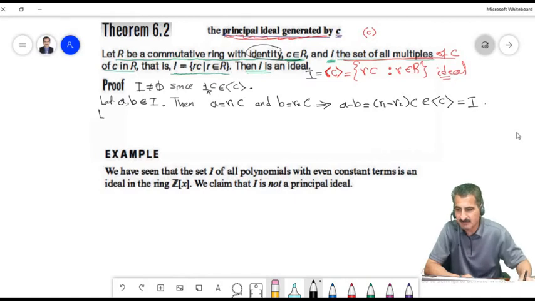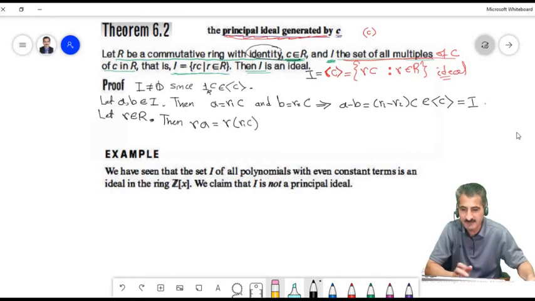Now, again, let r be any element in the ring. Then we want to show that r times a belongs to I. But r times a is r times r1 C, which is a. Now use associativity, because the associativity axiom holds in the ring.